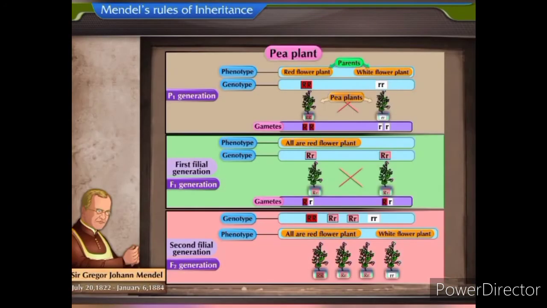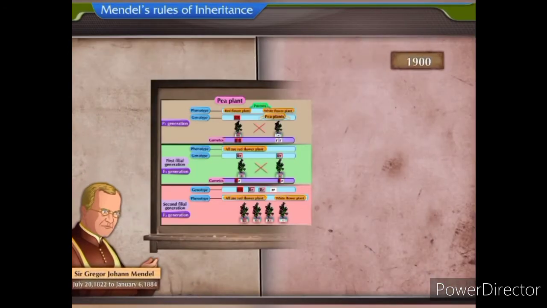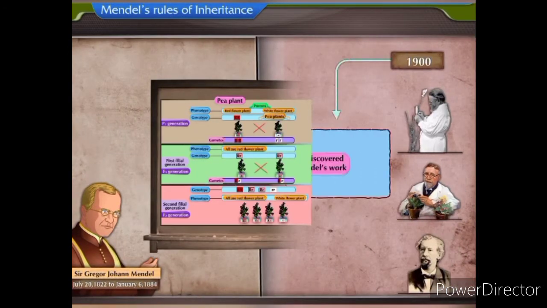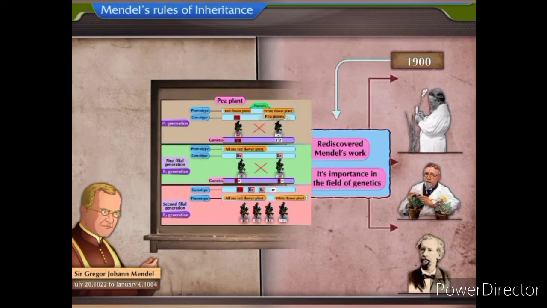The significance of Mendel's work was not recognized until the turn of the 20th century. In 1900, scientists rediscovered Mendel's work and its importance in the field of genetics. His work was thus appreciated by the society after his death.